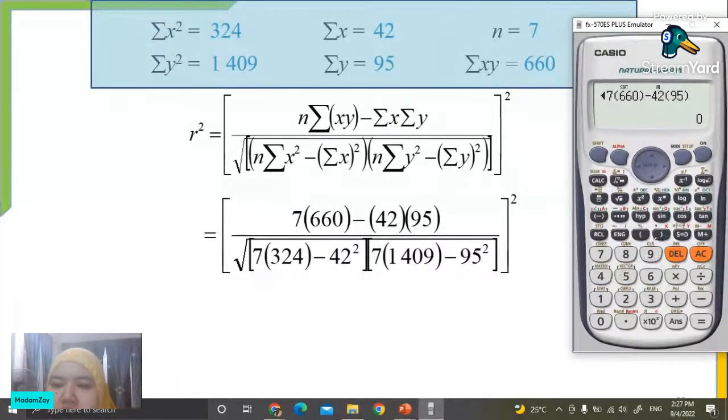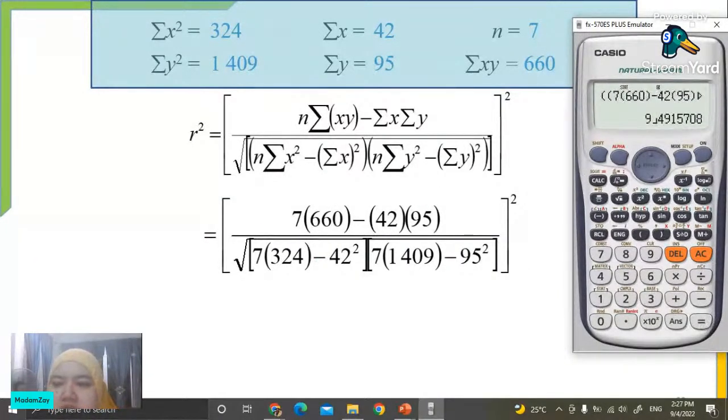So close bracket for the top. And then divide by, in a bracket, square root of 7 multiplied by 324, close bracket, minus 42 square. Close bracket, open bracket again. 7 of 1409, close bracket, minus 95. Close bracket, 95 square. Close bracket, and then we have to square the value because I put the bracket for everything and then square it.